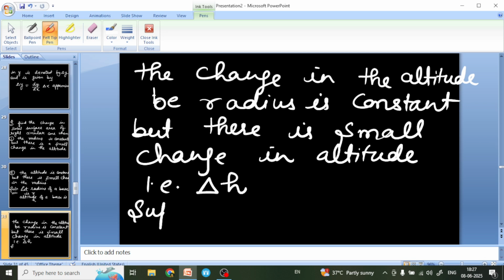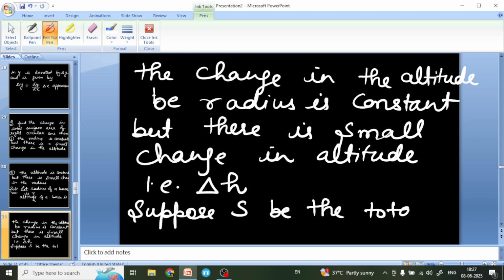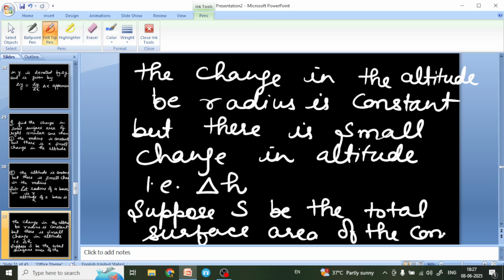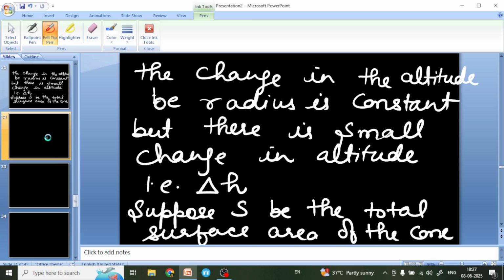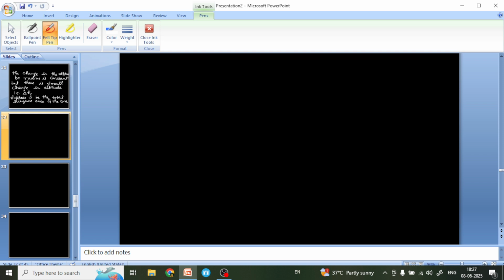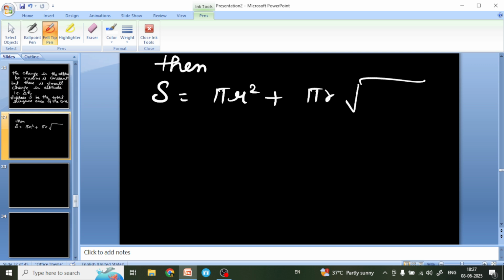So suppose S be the total surface area of the cone. Then S is equal to pi r square plus pi r square root of r square plus h square.